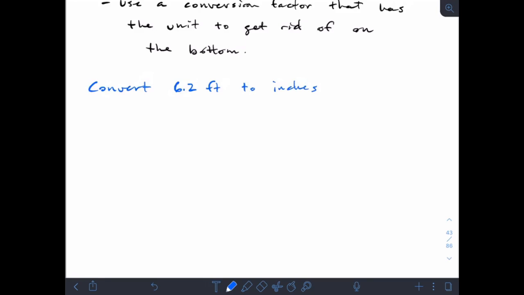This is probably something you've done at some point in your life, and you've probably busted out a ruler or your calculator, but we're going to put it in the context of doing a unit conversion. Our relationship is 1 foot equals 12 inches. Because it's equal, I can write it as a ratio. I can write it as 1 foot over 12 inches, or, and that's important, I can write it as 12 inches over 1 foot, however I need it to be.